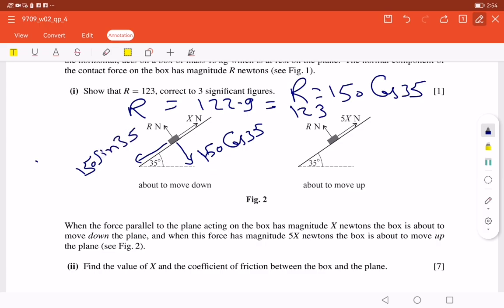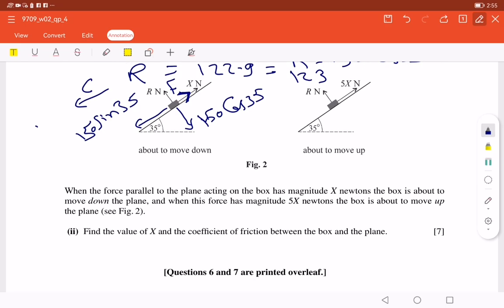Then when the body is about to move down, it means the friction force acts upward, not downward. Why? As the motion will be downward. Suppose this vector is the direction of motion. So here we have the friction force upward.